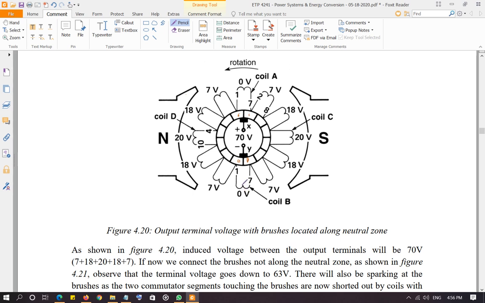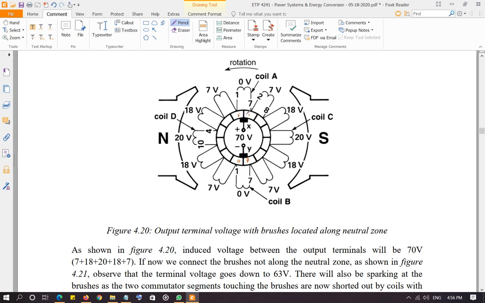When the voltage in the coil is 0 volt, then really there is no short at these segments of the commutator. And if there is no short at the commutator, the current is not going to flow through this coil, and there will be no sparking at the brushes.